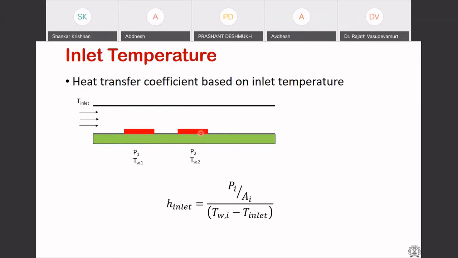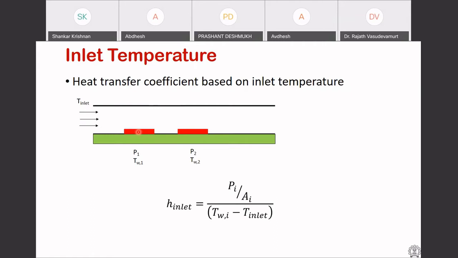So if I base it only on the inlet temperature, then even though P1 and P2 may be of equal power, when I calculate a heat transfer coefficient, this is going to be very different from this.